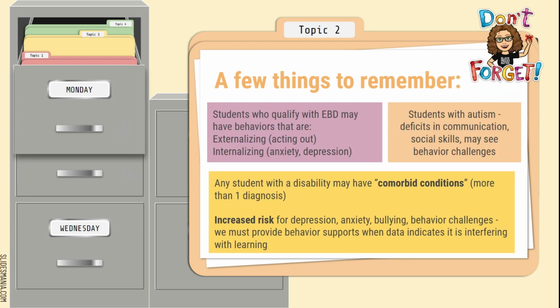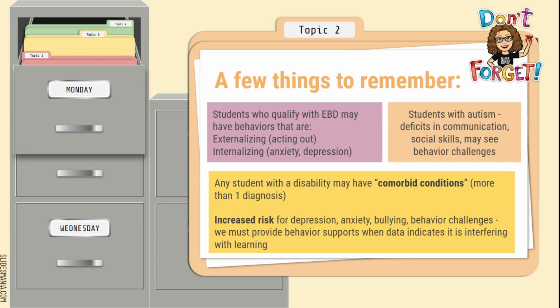When we think about supporting students that qualify under the broad category EBD, they might have what we call externalizing behaviors or acting out behaviors. So, possibly cursing when they get frustrated or throwing things when they are angry. But students with EBD might also have internalizing behaviors where they have significant anxiety or depression and shut down during instruction.